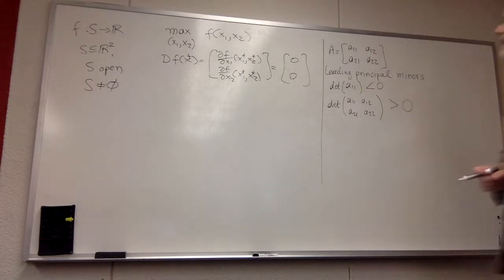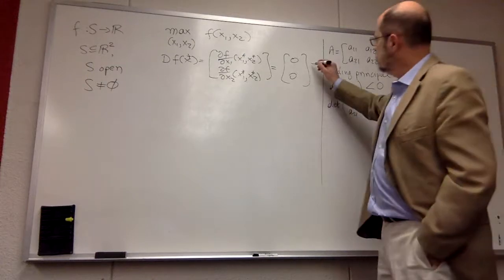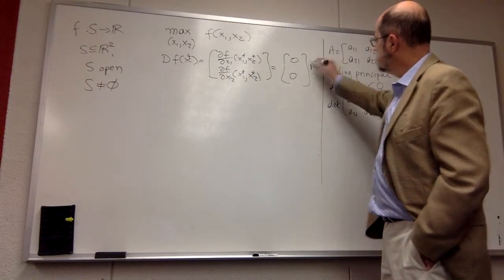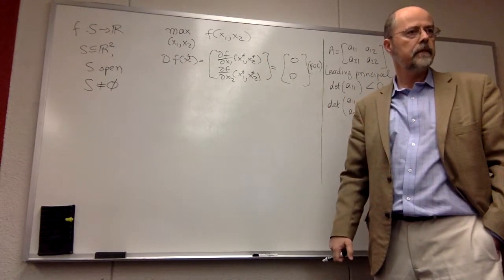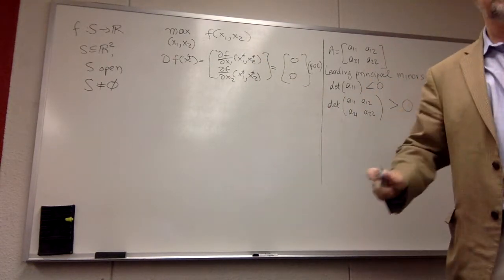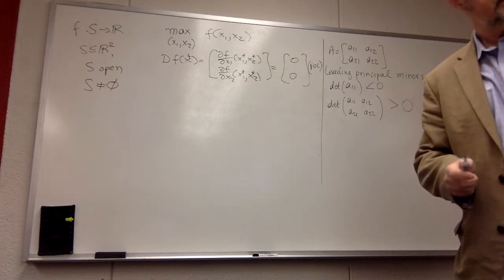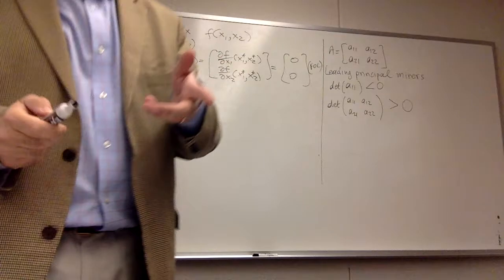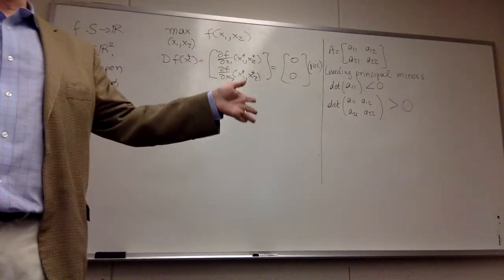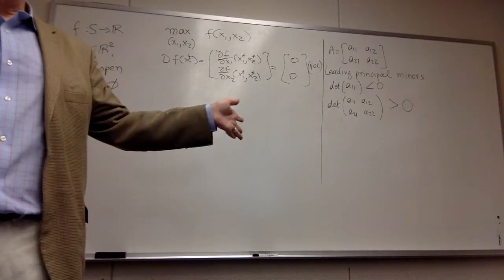Okay, so if that's the case, then we have the first order conditions satisfied at some point x1 star, x2 star. There may be multiple such points. We focus on one. And we ask, is this a maximum? Is this a minimum? Or is it something else? A saddle point.